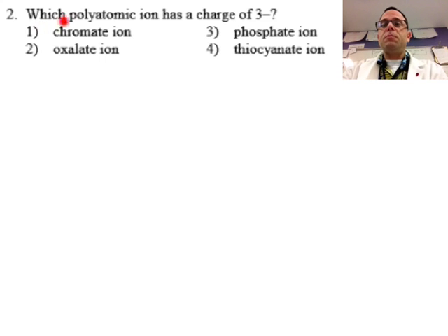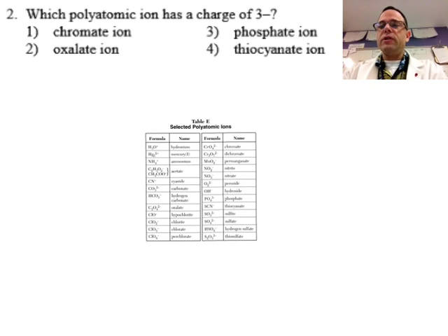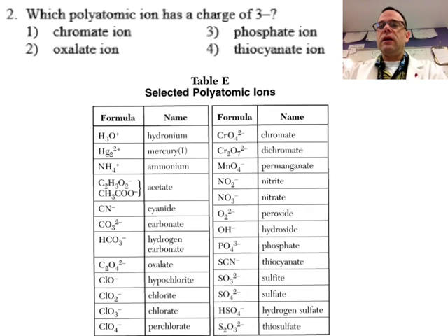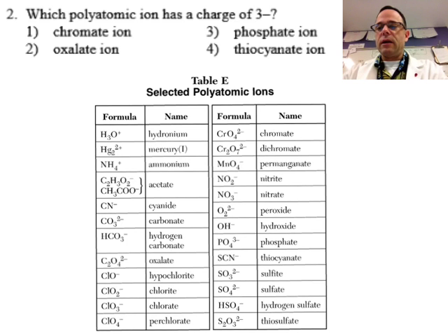Question number 2. Which polyatomic ion has a charge of 3-? Again, we will have to inspect reference table E. Chromate ion, where are you? Chromate is right there, and it's a 2-, so it cannot be choice 1.